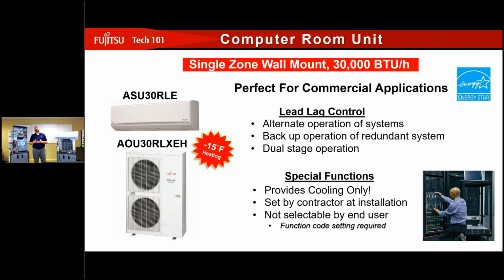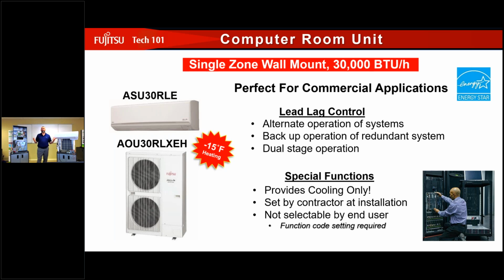All right. They also have the ability to provide cooling only. But remember, Fujitsu does not sell any equipment that is not a heat pump. So for something like that, you would have to go into your special function settings and set it to cooling only, which would be only set by the contractor.